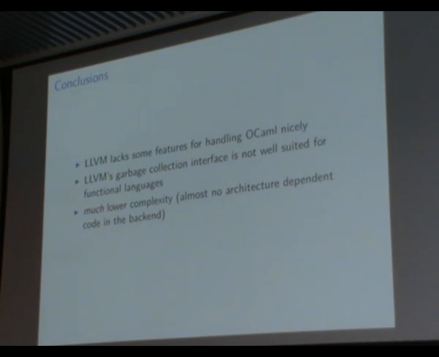As I said, most of the values need to be stored on the stack, because the only way for LLVM to treat something as a potential root for the garbage collector is to mark a slot on the stack. So everything that might at some point be a pointer has to be stored on the stack, and before every function call, if it is a register, it has to be stored on the stack and has to be reloaded after the function call, because the garbage collector might run.